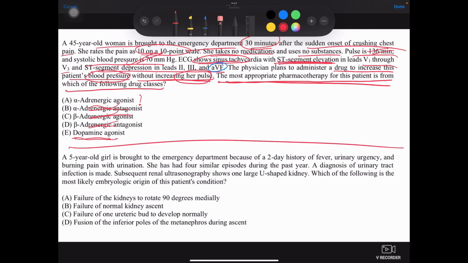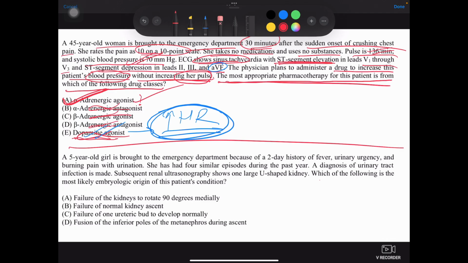Dopamine, dobutamine, will increase the rate, so no. So this cannot be the answer. Answer is A. Don't select dopamine agonist for God's sake, because it increases the heart rate. It is the best drug given to increase the pulse. Dobutamine, dopamine. So the answer is A here, for sure. Next question.